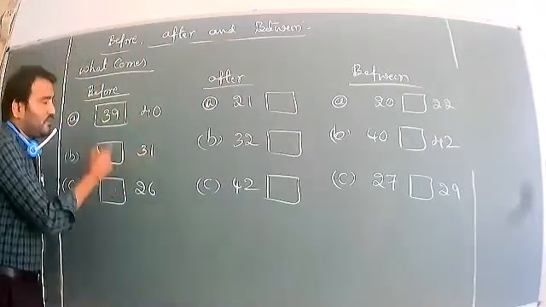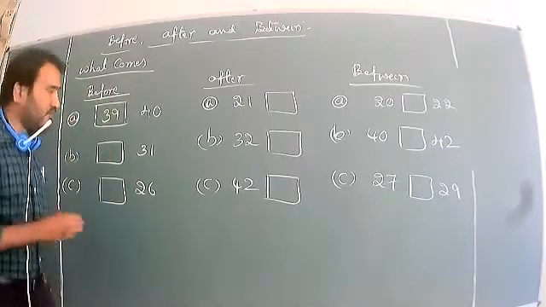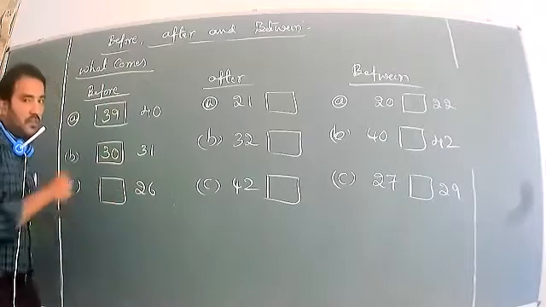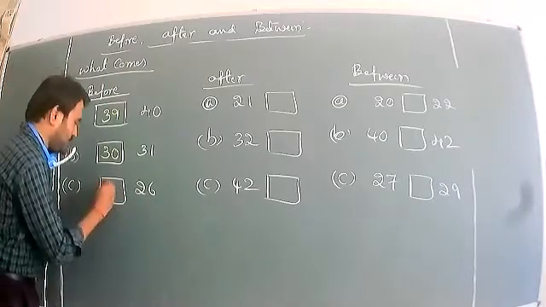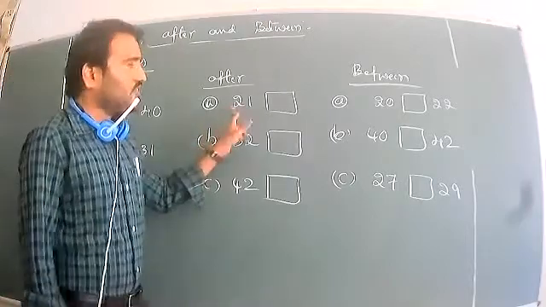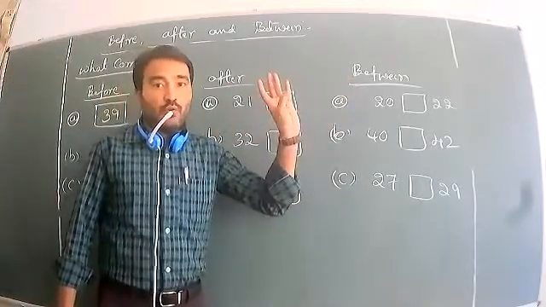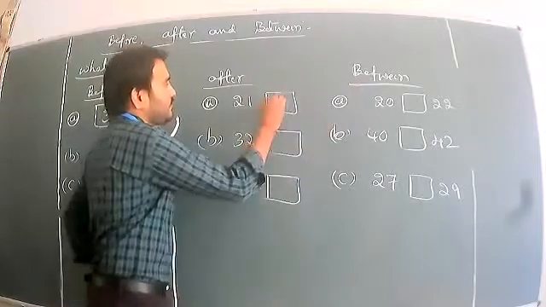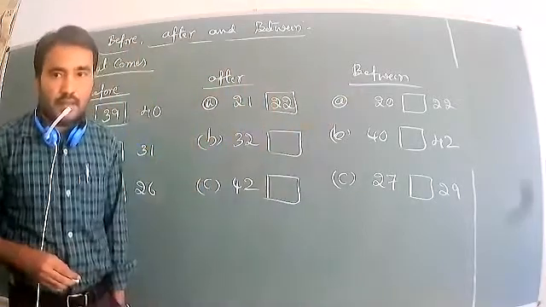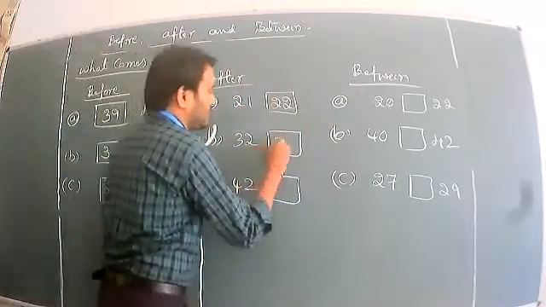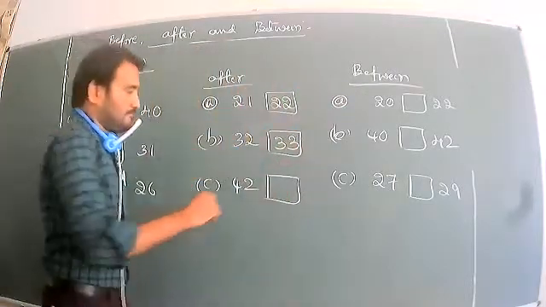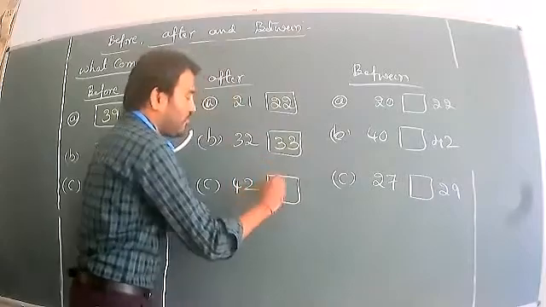Next, 31, before number is 30. Next, 26, before number is 25. Next, 21, after 21 is 22. Next, 32, before number is 33. Next, 42, after number is 43.